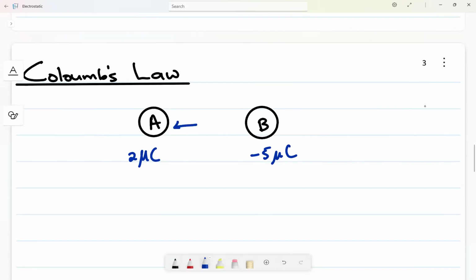Then let's say they are displaced at a distance of 0.1 meters. That is r.